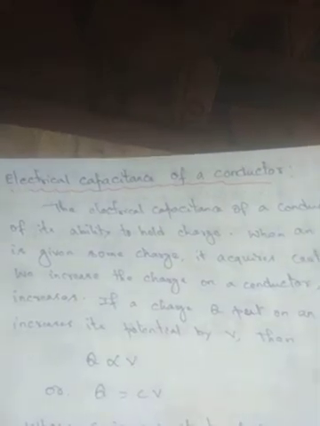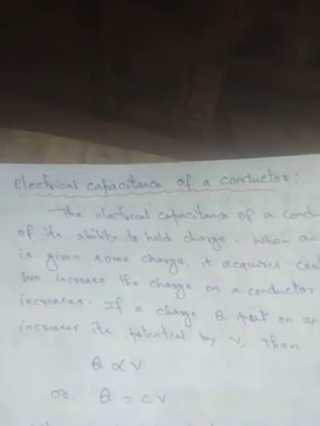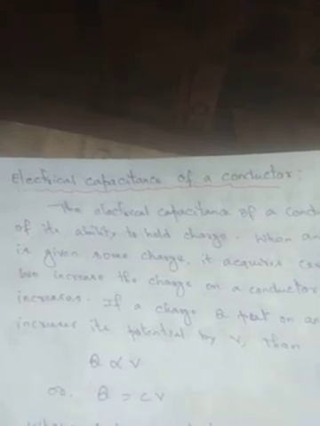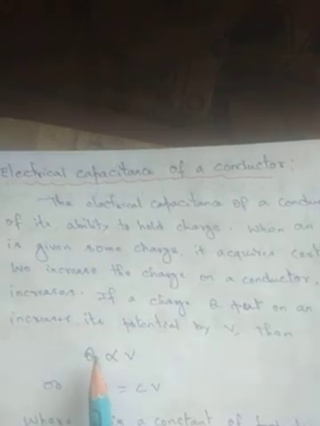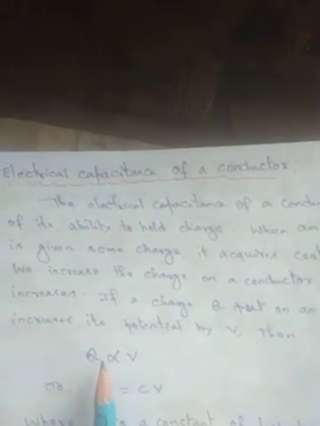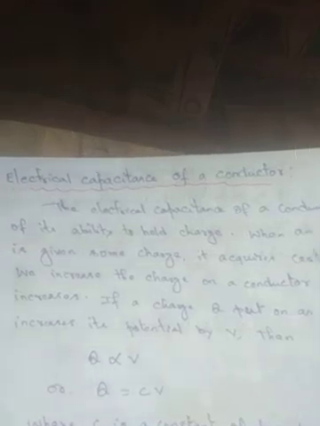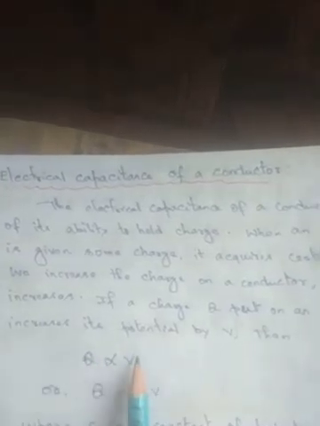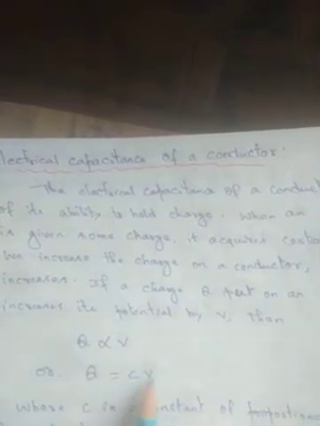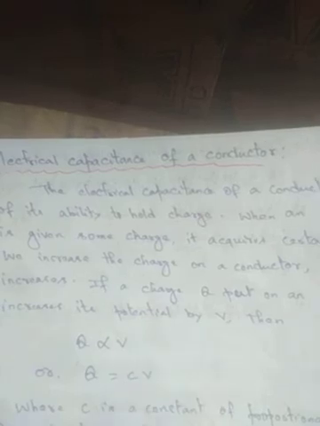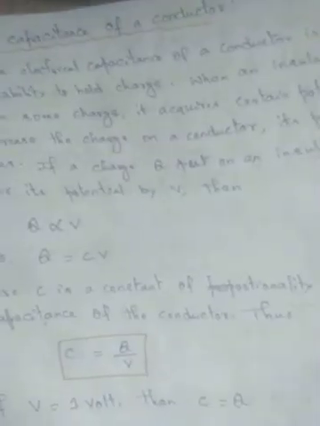That means the amount of water added to the tank is directly proportional to the level of the water in the tank. So when a charge Q is added to a conductor, and the potential at that instant is V, then Q is directly proportional to V, or Q equals CV, where C here is a constant of proportionality, and it is called the capacitance of a conductor.